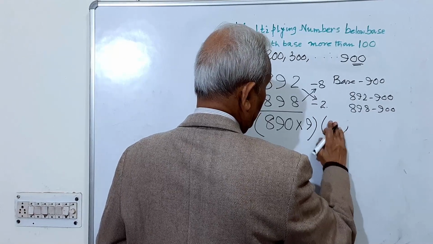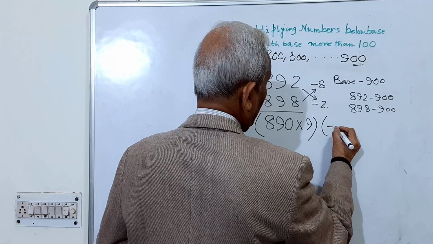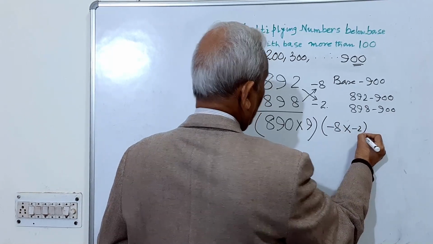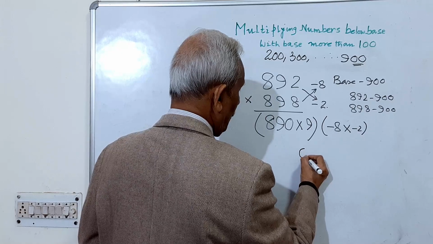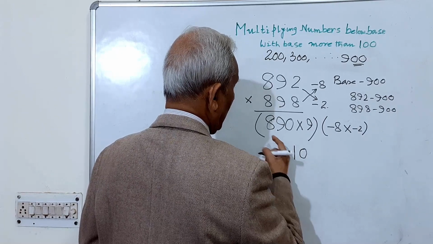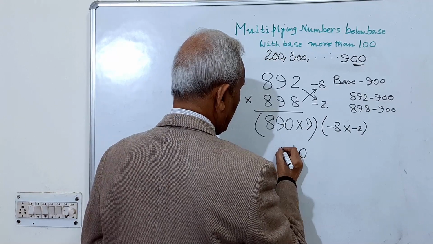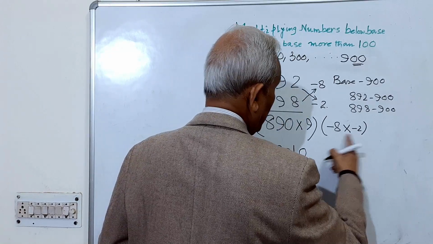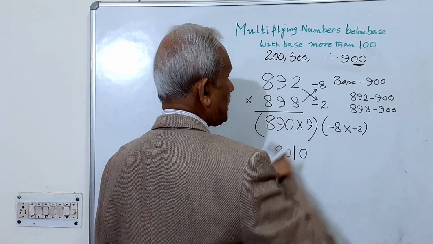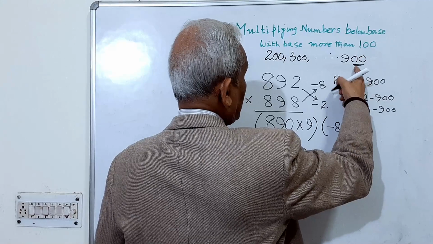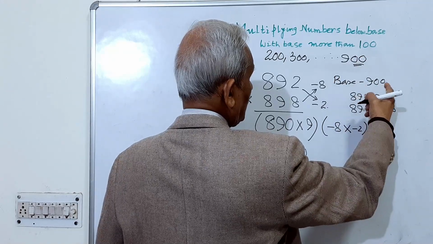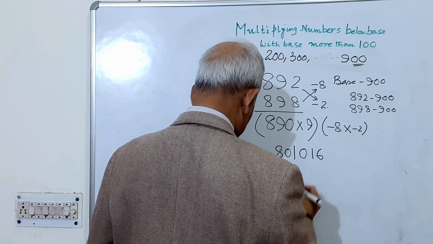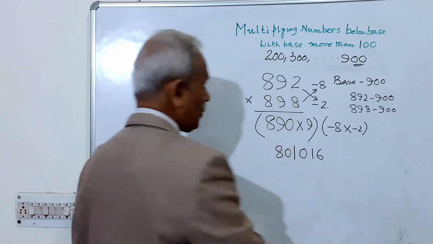I'll write here minus 8 into minus 2. 890 into 9 becomes 8010. Minus 8 into minus 2 is 16. The base has 2 zeros, so we can write 2 digits here, 16. So the answer is 801016.